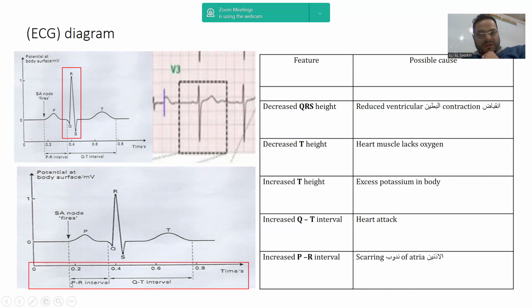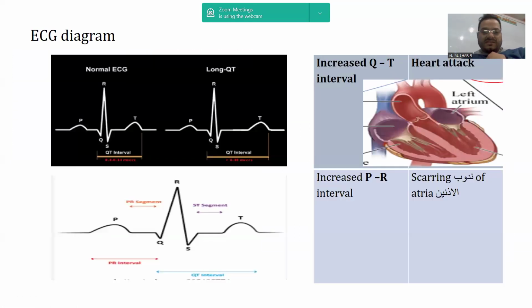Like we know, the PR interval is less than 0.2, less than 0.4 second. When the PR interval increases on the curve, that means this kid is suffering from scarring of the atria. Now let's come back to interpret what this P curve means.